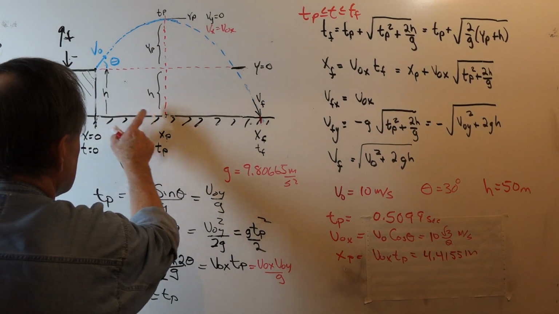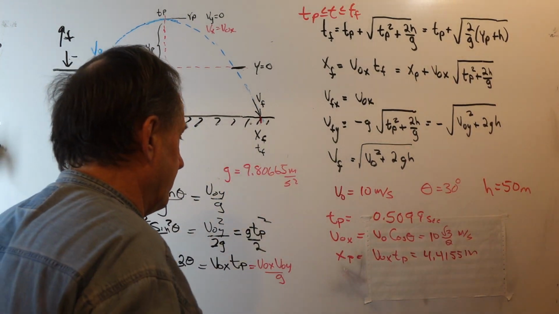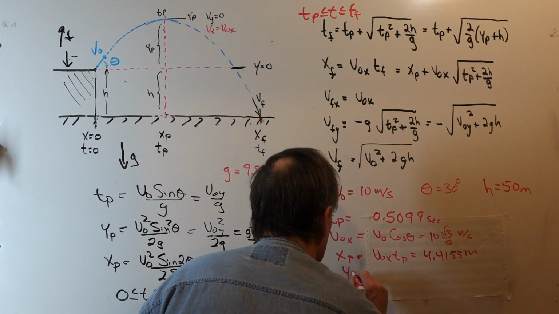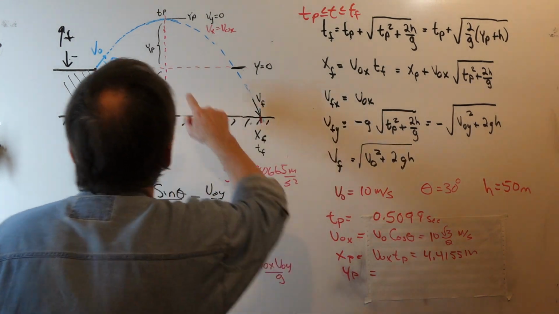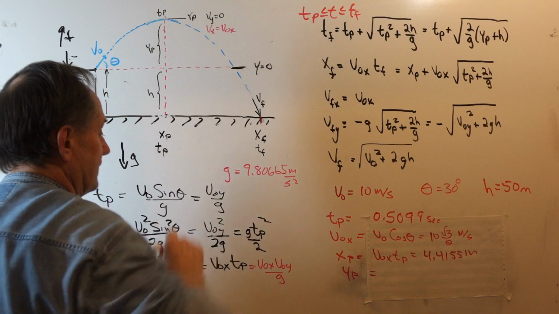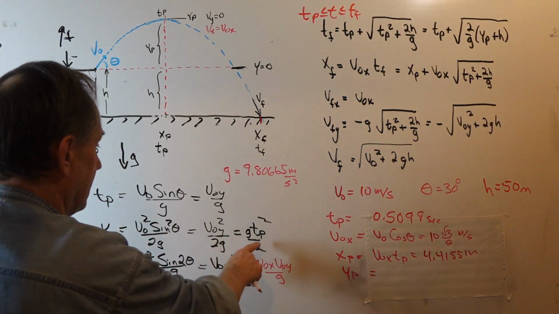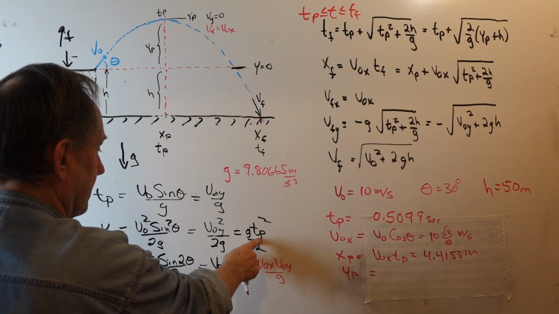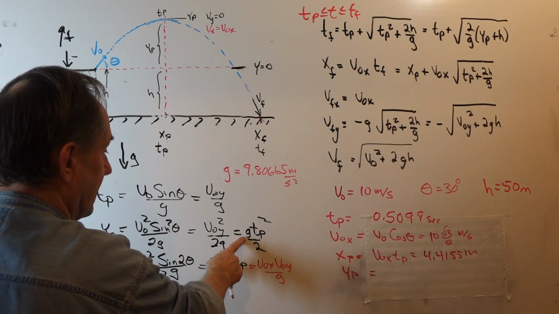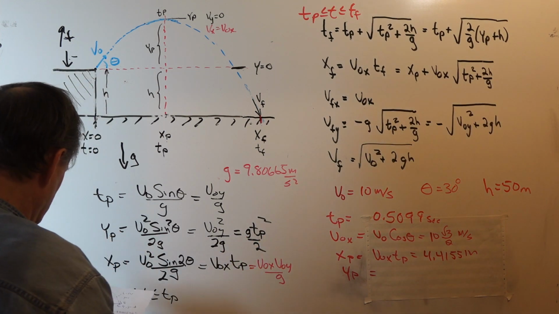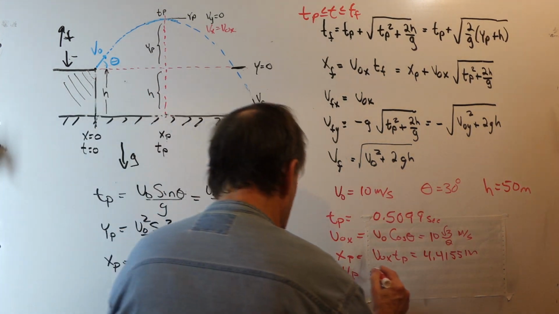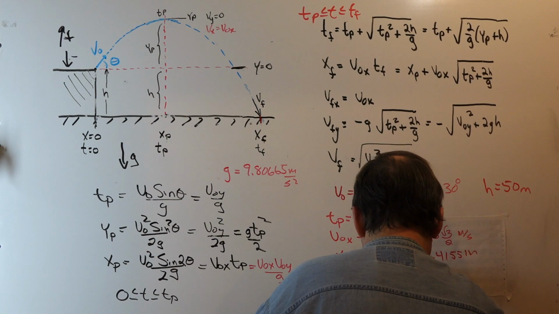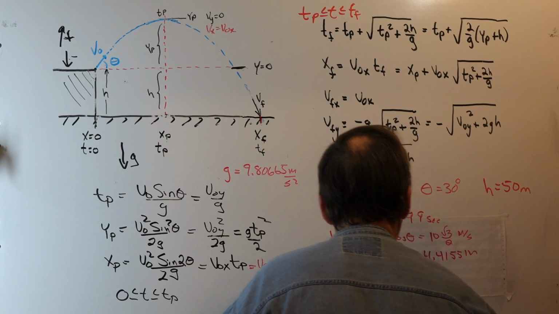So this distance is 4.4 meters roughly. How about the height? What's the height above the roof that it reaches? Well, y peak is the time to peak squared times g over 2. Putting those values in, we get 1.275 meters.